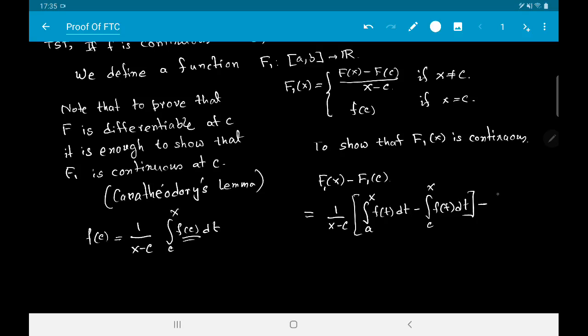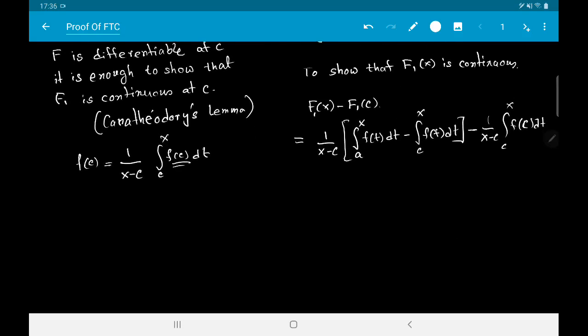So this is the argument. Let me write it down in this fancier form: the integral from c to x of f(c) dt. Now here this is from a to c. So now this is going to be 1 by (x minus c) times the integral from c to x of f(t) dt, minus 1 by (x minus c) times the integral from c to x of f(c) dt.